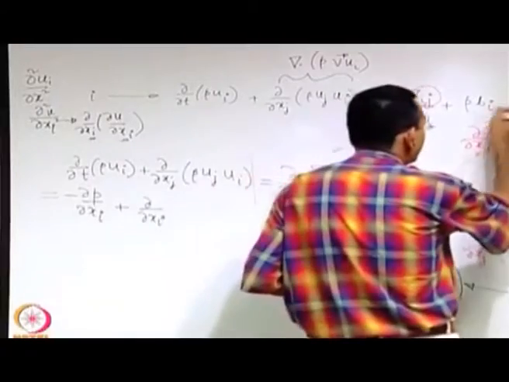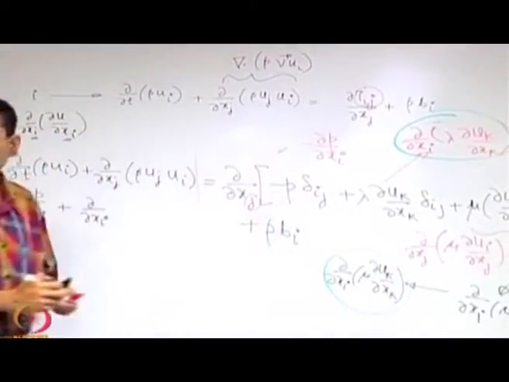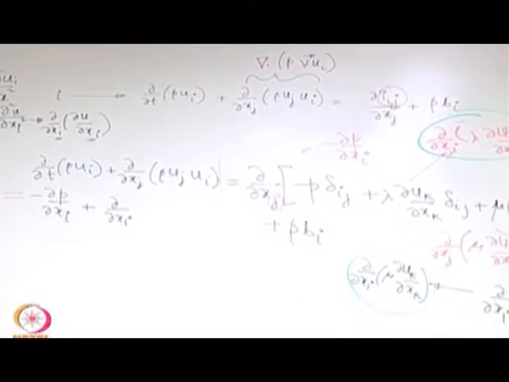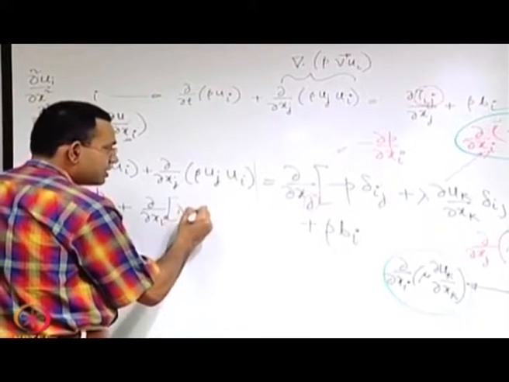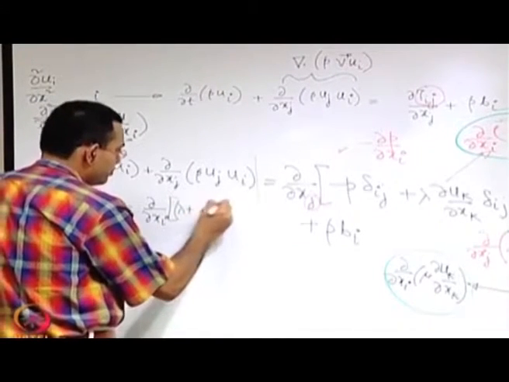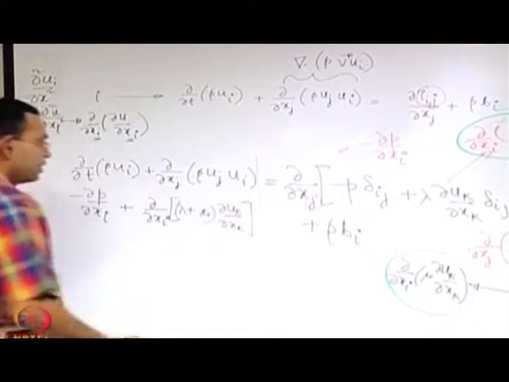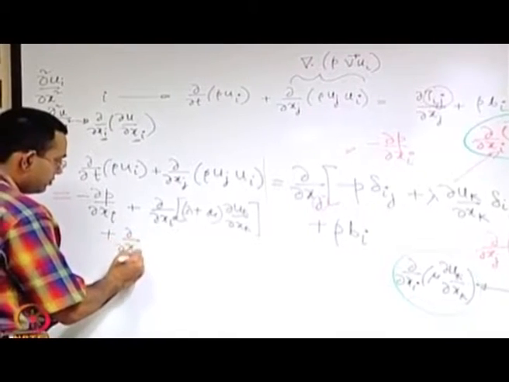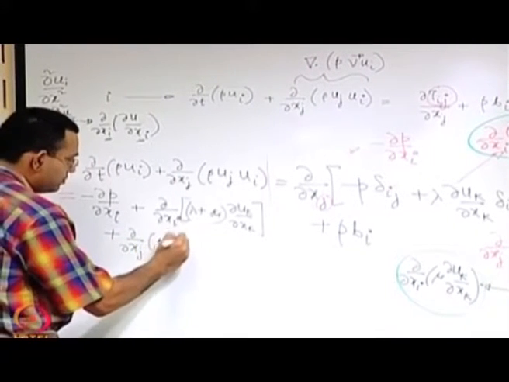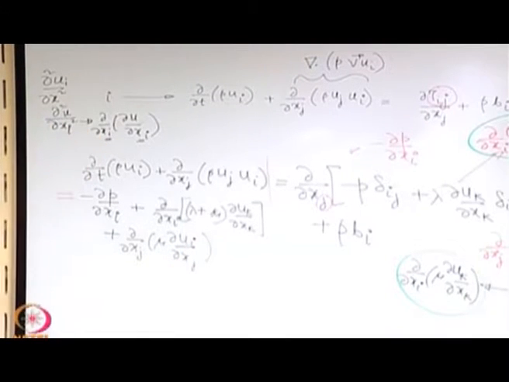You may club one term like this with another term like this, right. So you can write this into lambda plus mu, and then... okay.